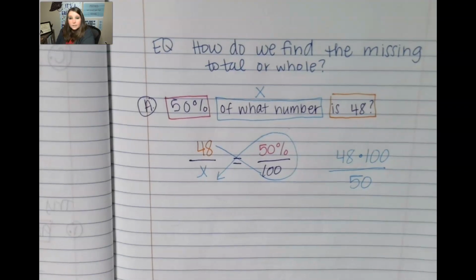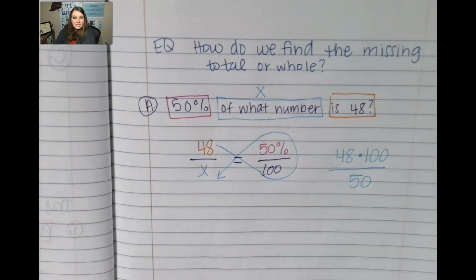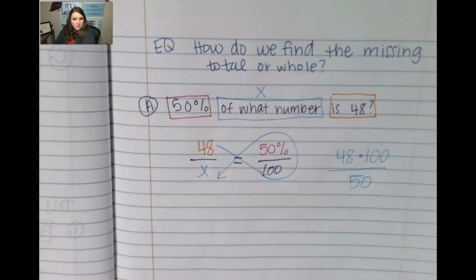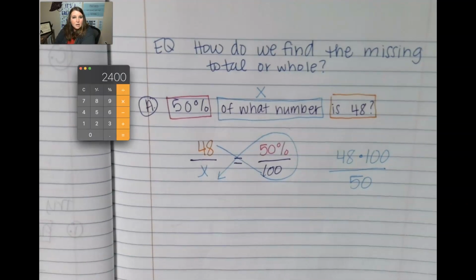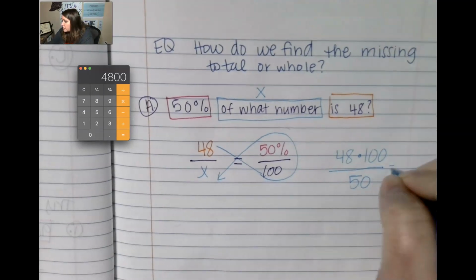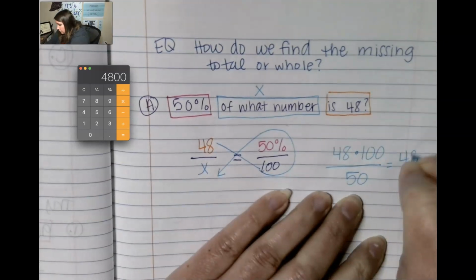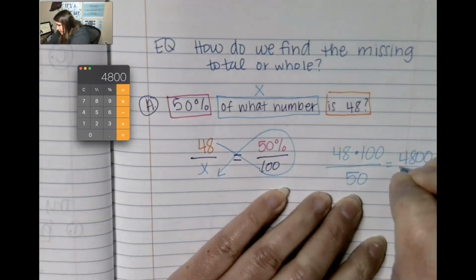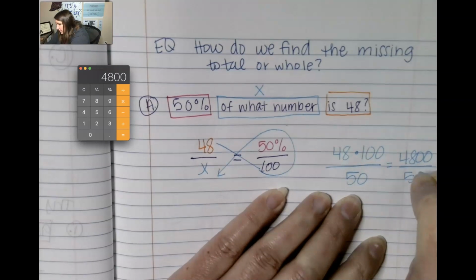All right, so go ahead and pull out that handy dandy calculator of yours, and we're going to go ahead and solve this problem. So 48 times 100 is 4,800. There's our 4,800. And divide that by 50.